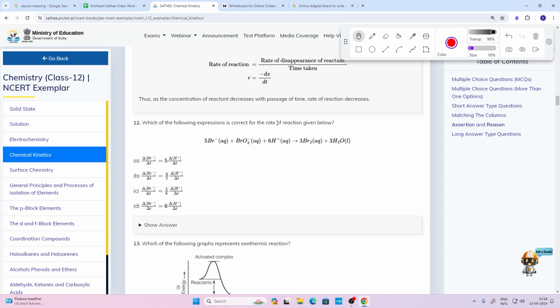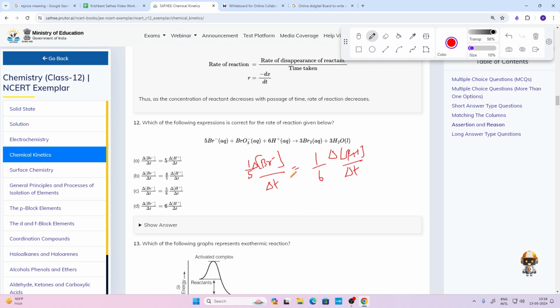Which of the following is correct for the rate expression given below? Which one will be correct? For Br minus we have a coefficient of 1 by 5, and for H plus we have it as 1 by 6. So 1 by 5 delta Br minus by delta t and 1 by 6 delta H plus by delta t.